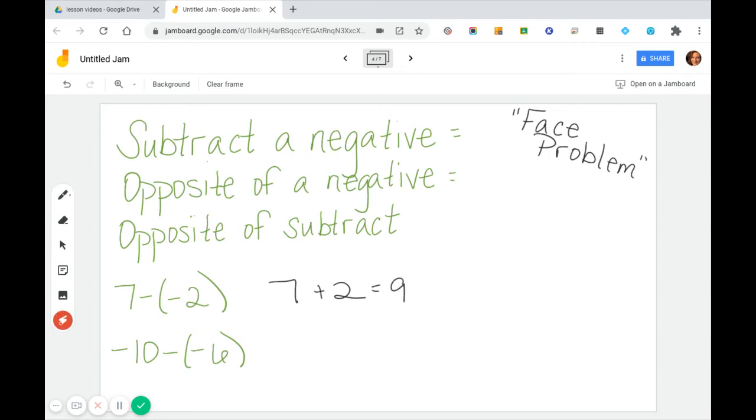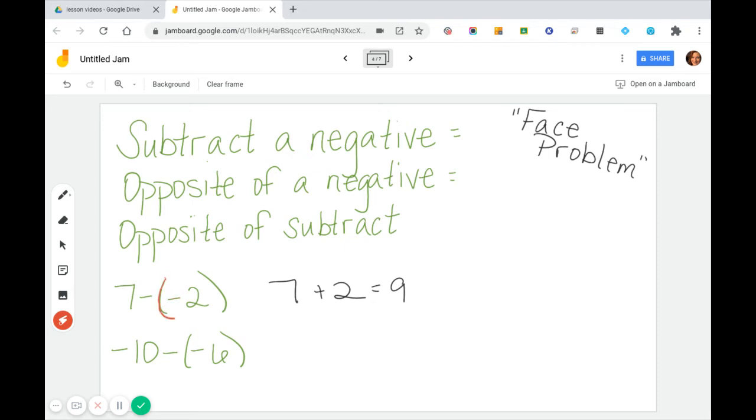Now I have written up here in quotes a face problem. This is something that I mentioned in a video about opposites. I had one year a student tell me, Mrs. Luger, that looks like a face. And it took me a while to see it, but it's one of those things like the arrow in the FedEx sign. Once you see it, it's all you ever see. So look, here are 2 eyes, 2 like squinty eyes.